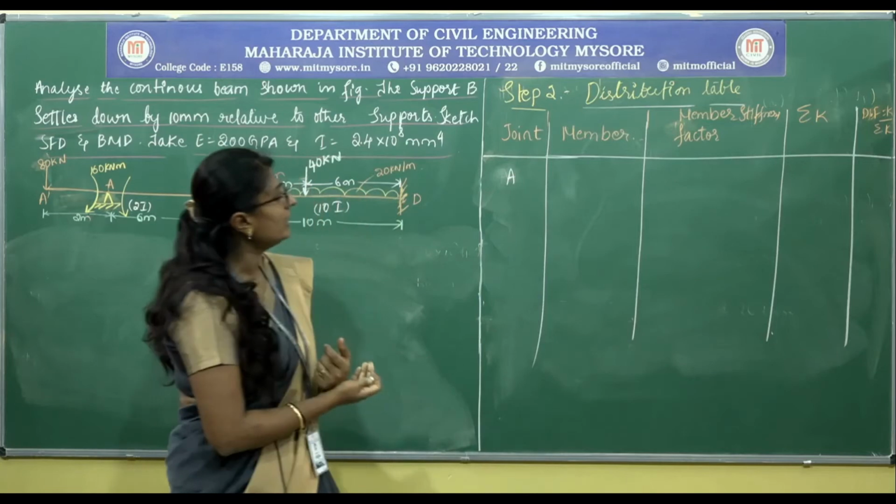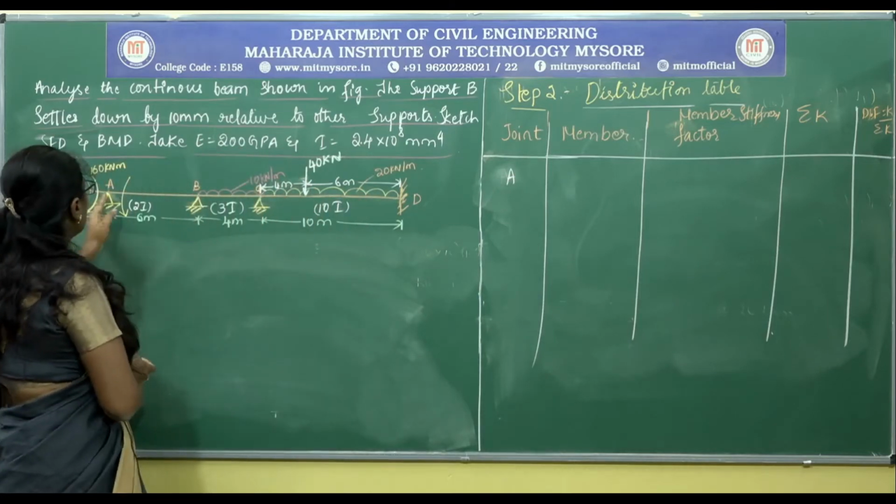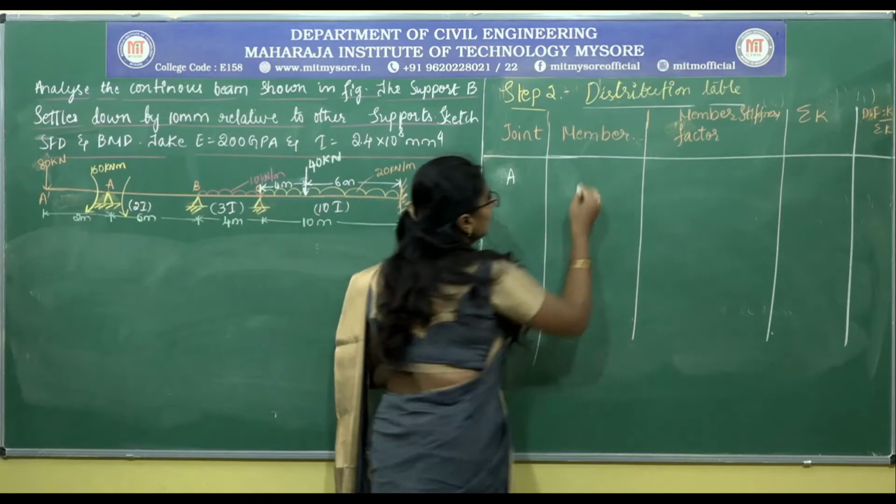Now at joint A, we have two members, A dash and AB.